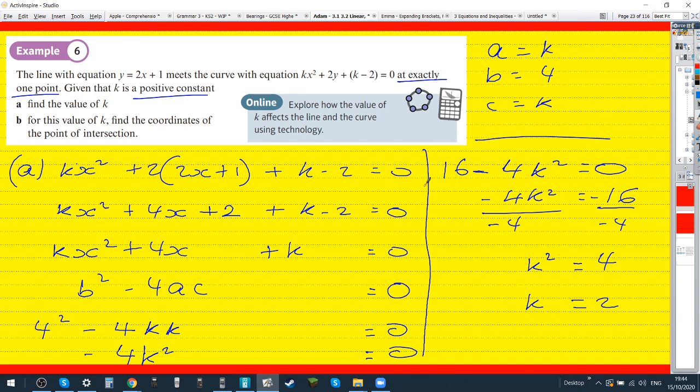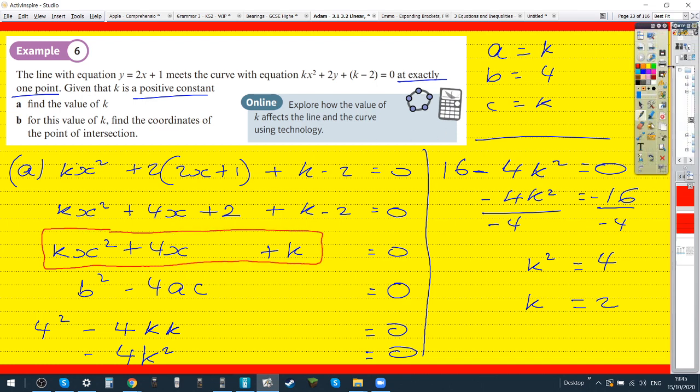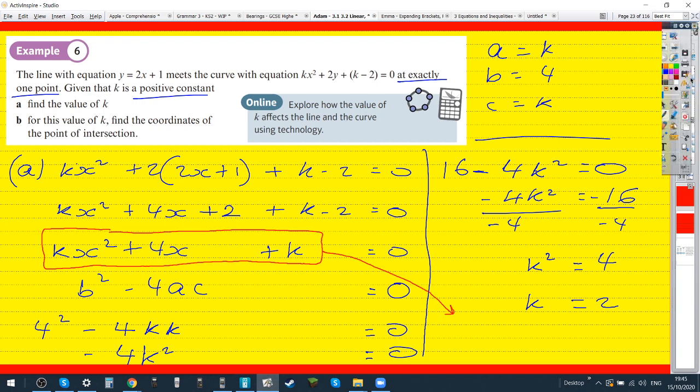And then for this value, find the points of intersection. You could sub it into, instead of doing it, we did most of it already. So you could put it there. Okay, so it'd be 2x squared plus 4x plus 2 equals 0.